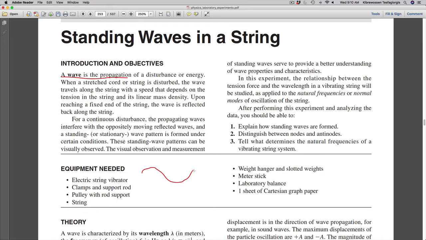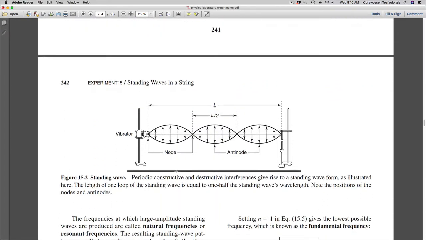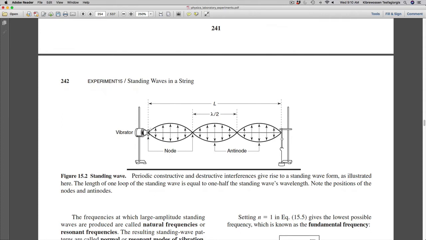So if the string is tied on both sides somehow, as you can see in this drawing, when you pluck it, the string is going to vibrate. That means the wave will be propagating in this direction.